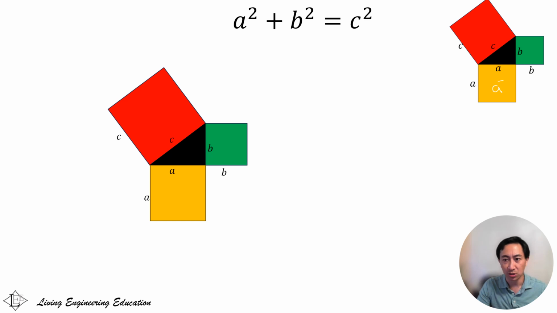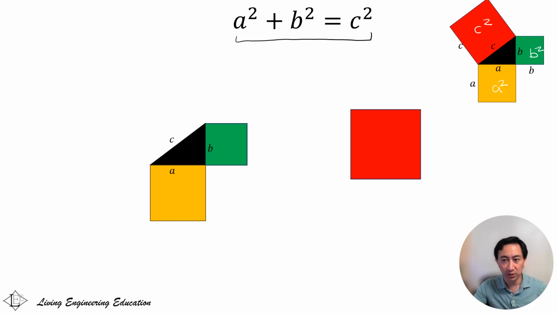So this will be A squared, this is B squared, and this is C squared, which means if I can show you that the area of the red C squared square is equal to the sum of the areas of the orange or yellow A squared and the green B squared, then this shows that the Pythagorean theorem is applicable here, right? So that's all we're trying to show.